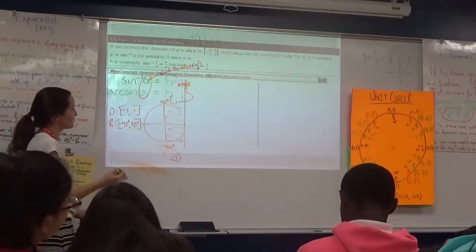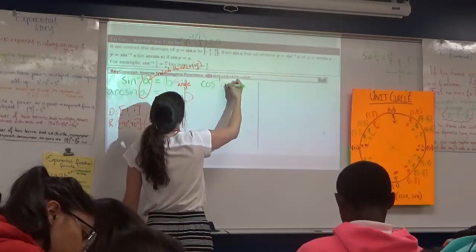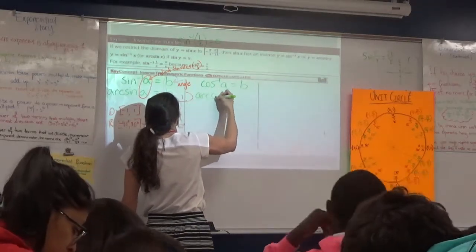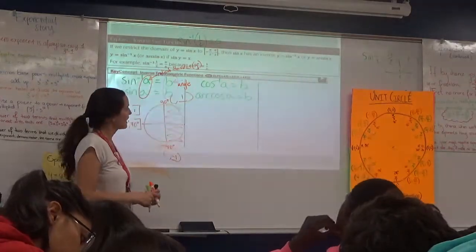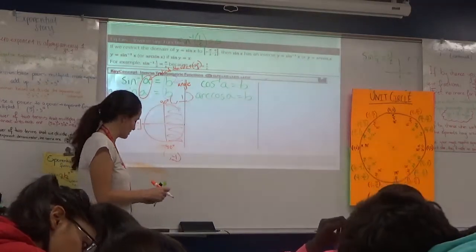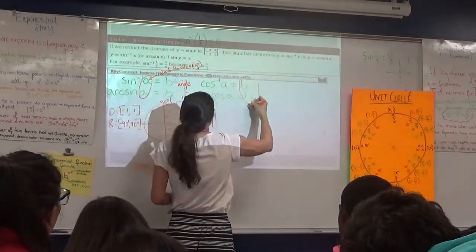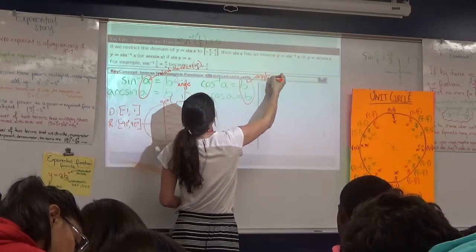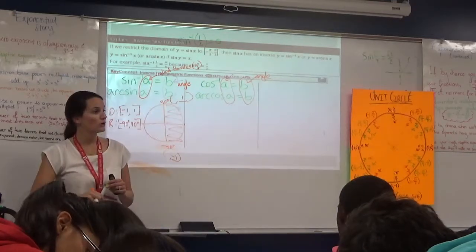Let's go a little faster for the next few. So now let's go on to cosine. Inverse cosine of A equals B is the same thing as if you see arc cosine. That means the same exact thing. Just like before, B is our angle. And that means A is the ratio of our sides.